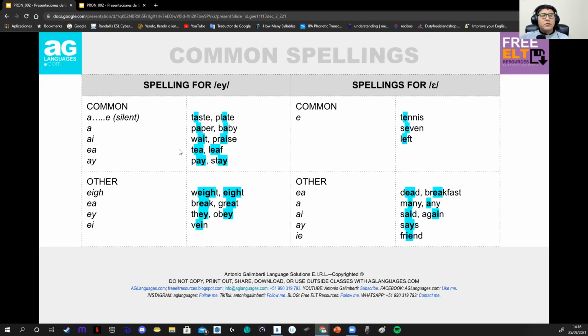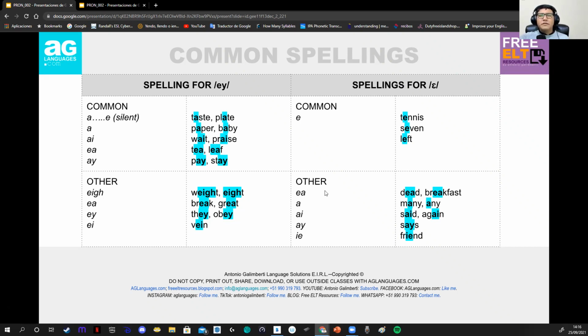I think we should omit this one. Then you have A and Y, pay and stay. Other combinations, this one here, wait, ate. EA, break, great. EY, they, obey. EI, vain. Other combinations for tennis, 7, left, just the letter E.